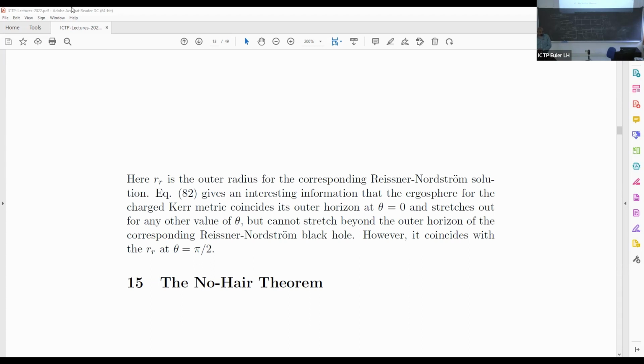So all these solutions are scalar flat. No, they are not flat in any sense. Otherwise, general relativity will reduce to Newton's theory, the Euclidean space. So they are not flat.